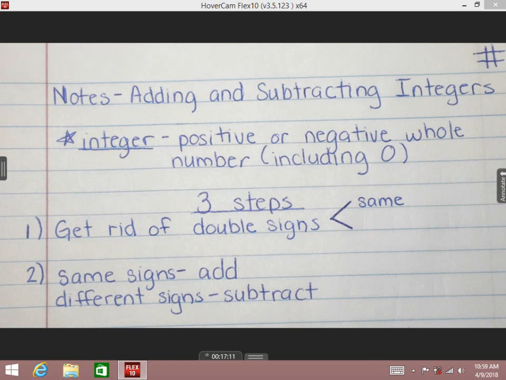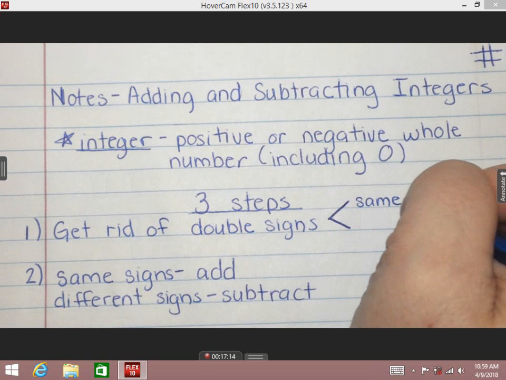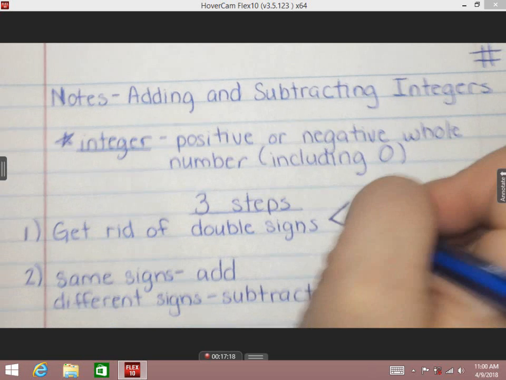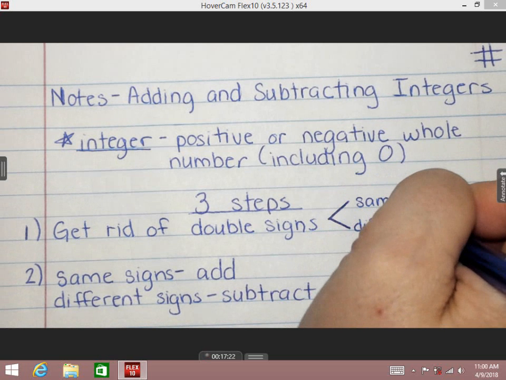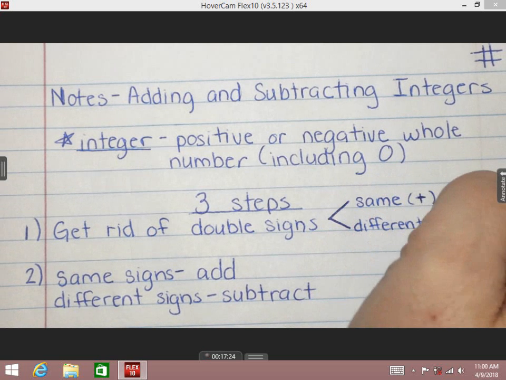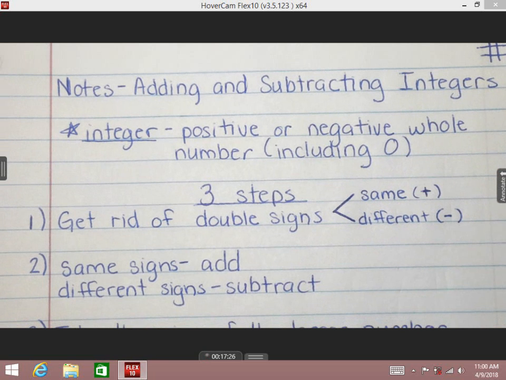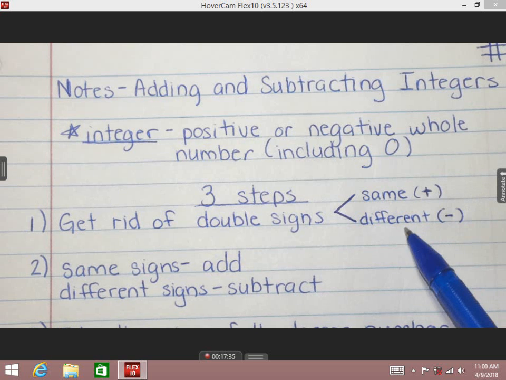So if they're the same, we're going to make it addition. If they're different, we're going to make it subtraction. So this step one is kind of similar to step two, isn't it? If they're the same, we make it addition. If they're different, we make it a subtraction sign.